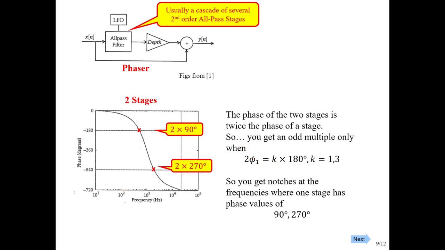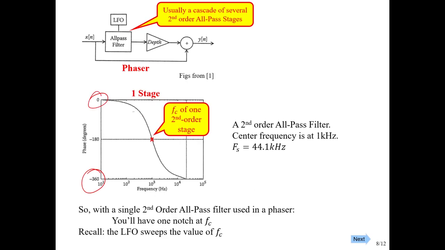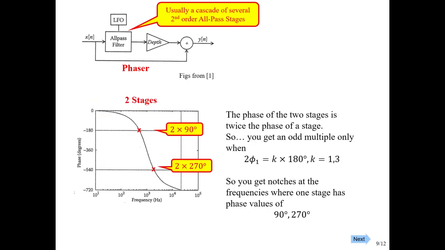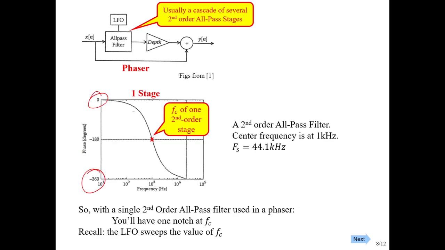So that means we can trace back where our notches are going to occur just looking at the phase response for a single stage. So if we go back and look at the single stage, we're saying here we need where it goes to 90 degrees and 270. So if we come back here, this is a little hard to see, but here's 180, there's 90, and 270 is going to be there.